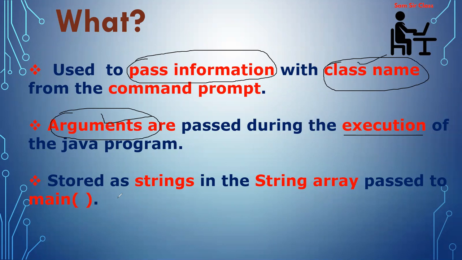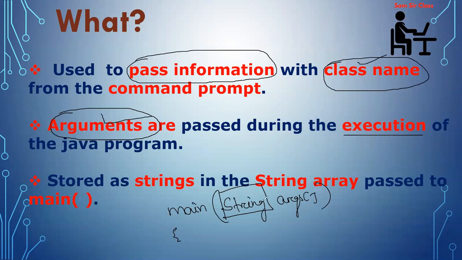So during that initiation, or calling the main method, JVM will pass all the required arguments. Done. Now coming to the most important point: whenever you are passing arguments, what do you write in main? You write main, and inside that you write String args. That means whatever arguments you pass will be treated as strings. By default, any argument passed from the command prompt is treated as a string and stored in an array.